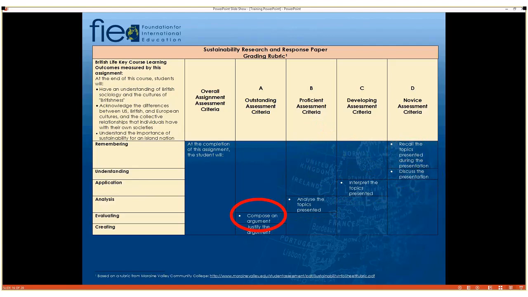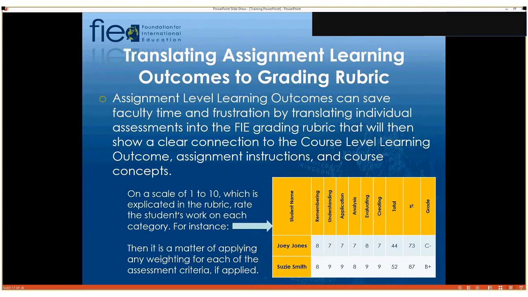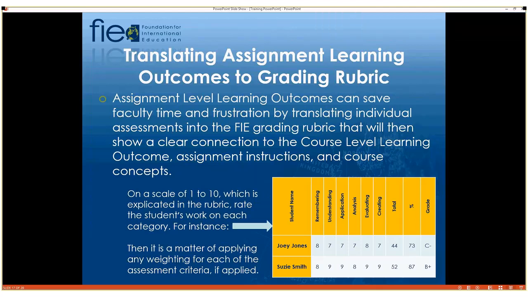We continue moving forward, composing an argument and then justifying the argument, in addition to everything else, should then allow the student to get an outstanding result on the paper. To translate the assignment learning outcome into a grade for the assignment, simply rate the student's work on each category.